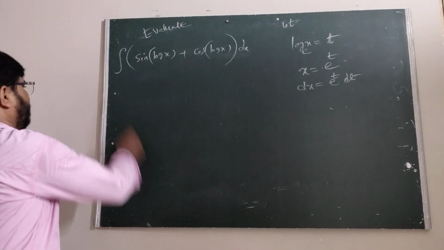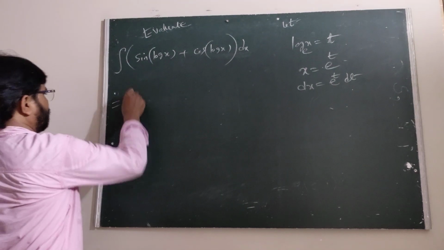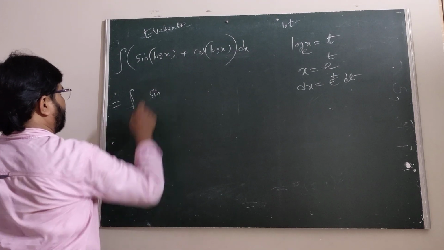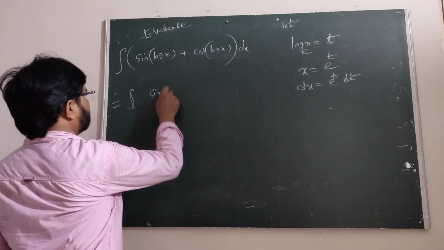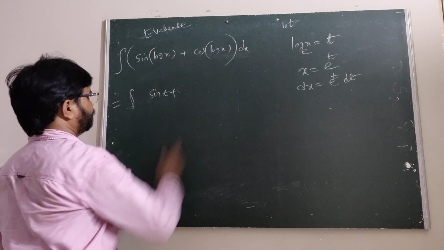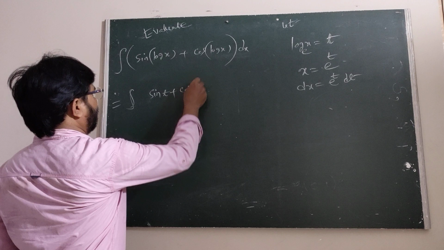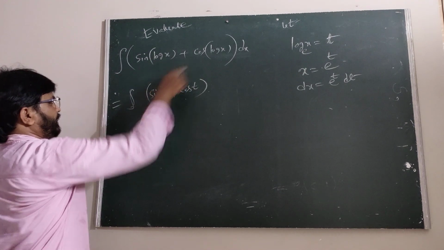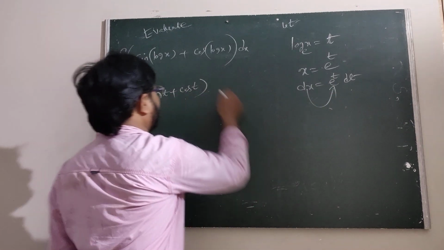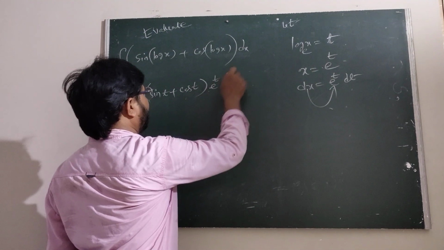Now we are writing here the integral of sin t plus cos t, where log x is t and dx is e power t dt.